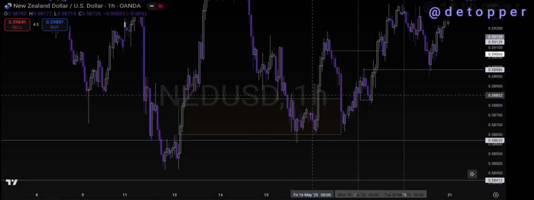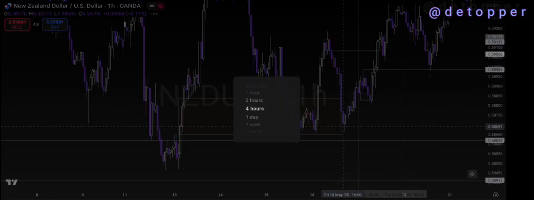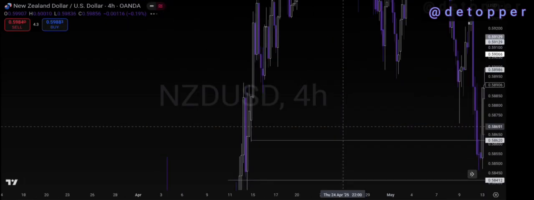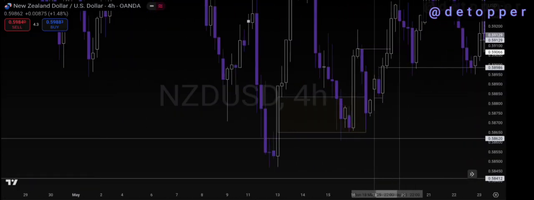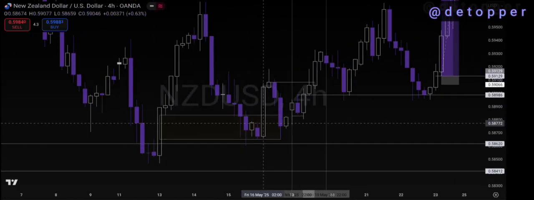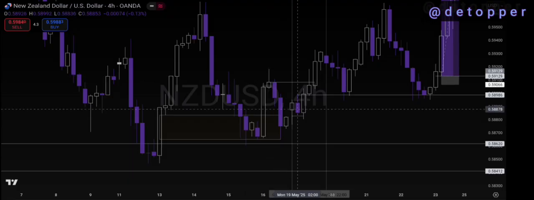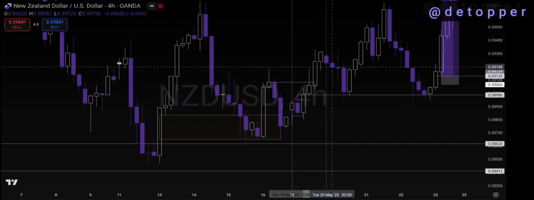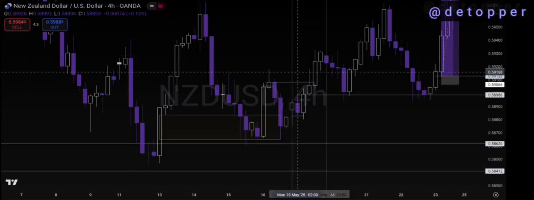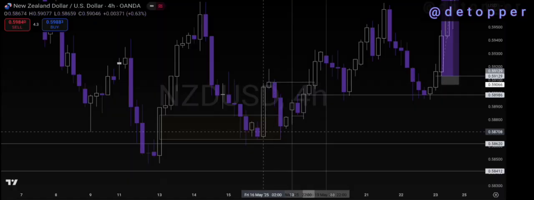When price came into it, you could see the rejection. Just so you can see, let's go over to the 4 hour time frame. So the 4 hour fair value gap, price came into it, then rejected. Now for us to get our confirmation, what happened? At the moment price opened, I actually want to see price trading above this to confirm our buy.